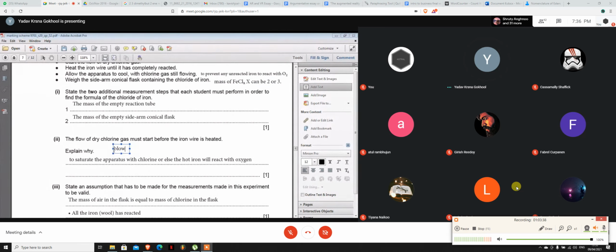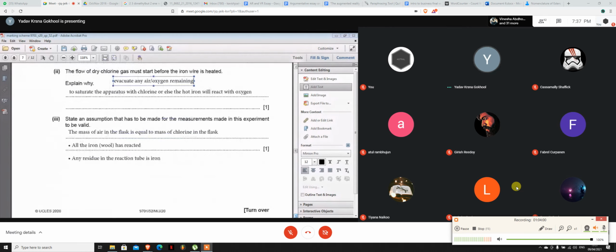We have to evacuate any air or oxygen remaining. You just say that only a vacuum is empty, others contain air, so we just have to remove any air which is present. State an assumption that has to be made for the measurements made in this experiment to be valid.